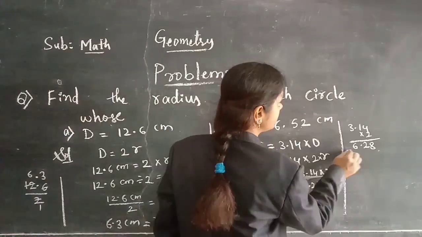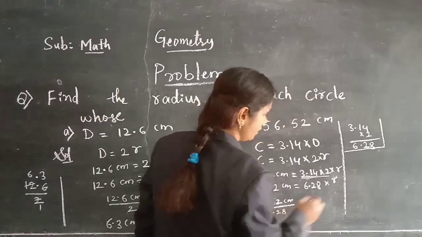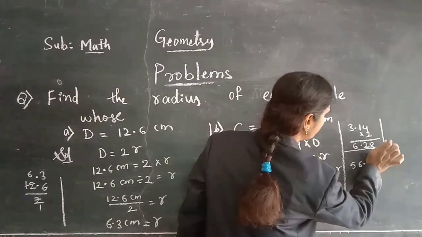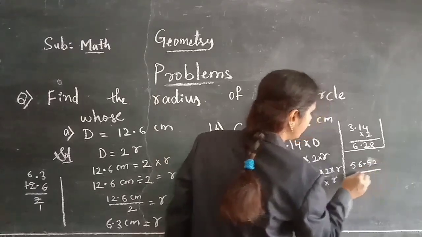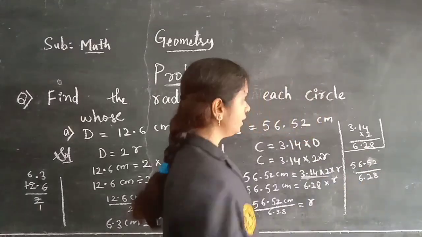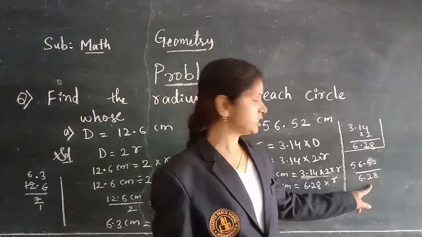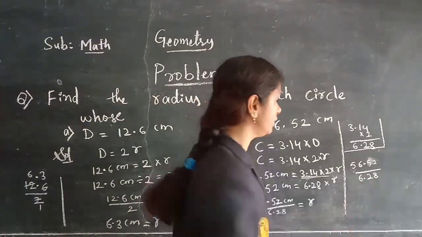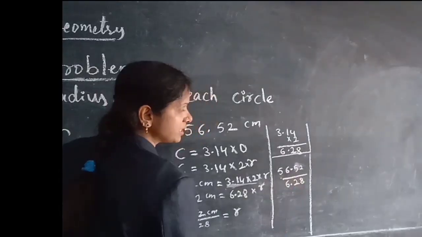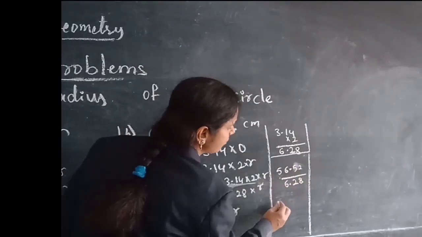Now I am calculating this, 56.52 divided by 6.28. Here there are 2 digits before the point, and here also 2 digits before the point. Children, I am removing the decimal point.